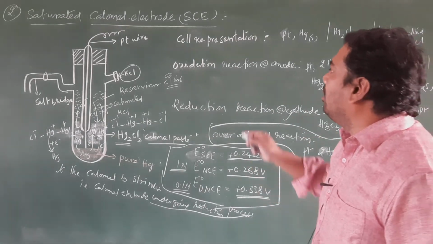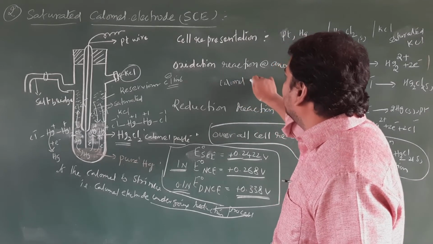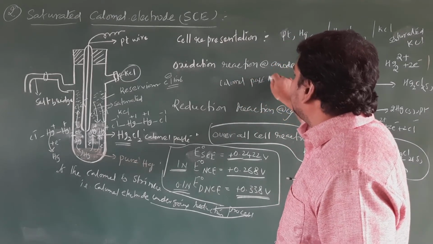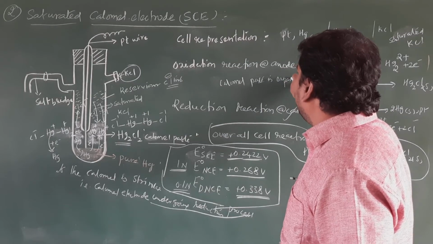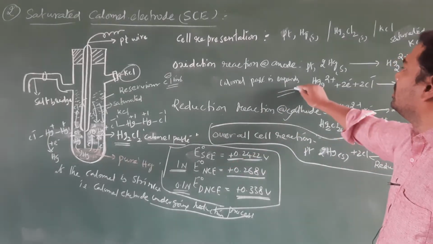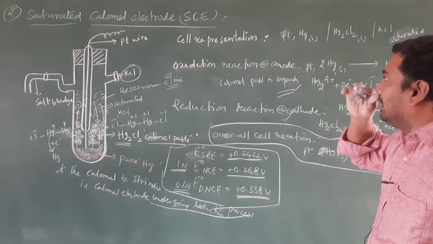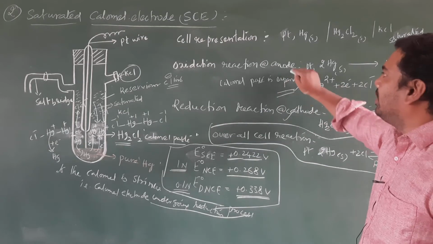If the calomel paste expands, then the calomel electrode is going to be oxidized, which means the oxidation reaction takes place at the anode.